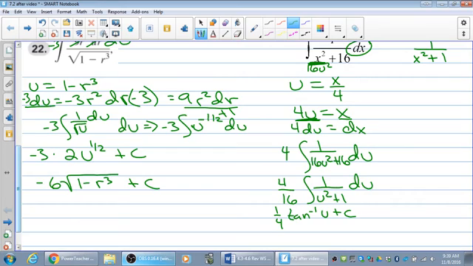And so the final answer, the u is x over 4. We have 1/4 inverse tangent of x over 4 plus c. That's the answer right there. Questions on that one?